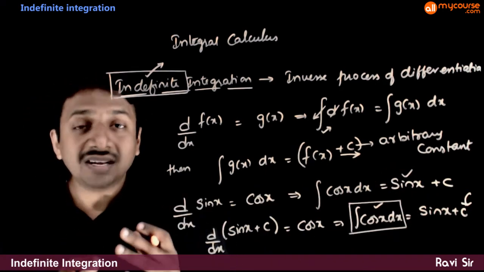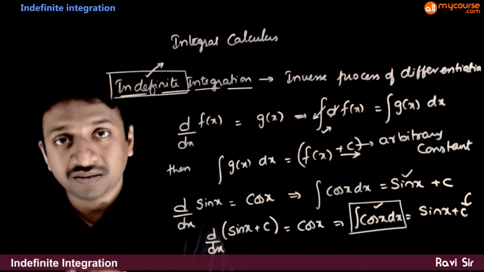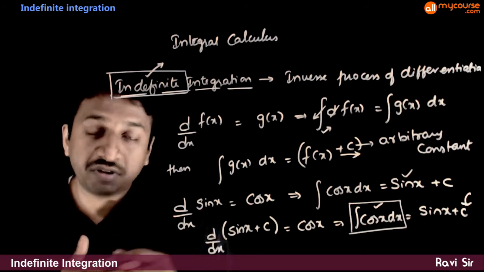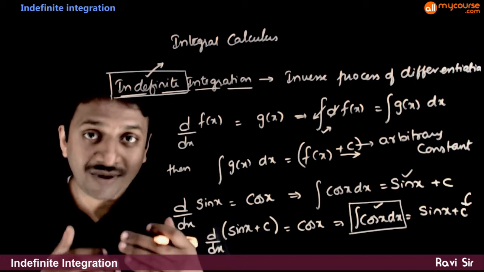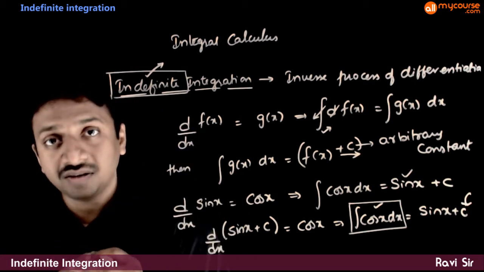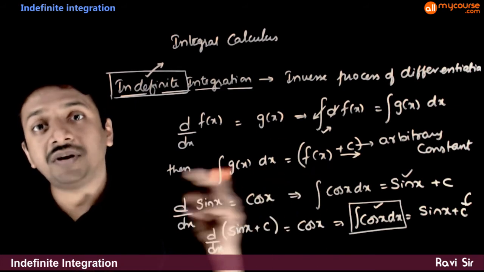This is the meaning of indefinite integration. Indefinite integration can be thought of as the inverse process of differentiation, and when you do indefinite integration of any function, you get the function f plus an arbitrary constant c.